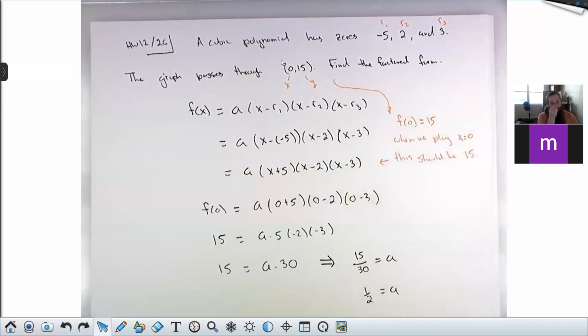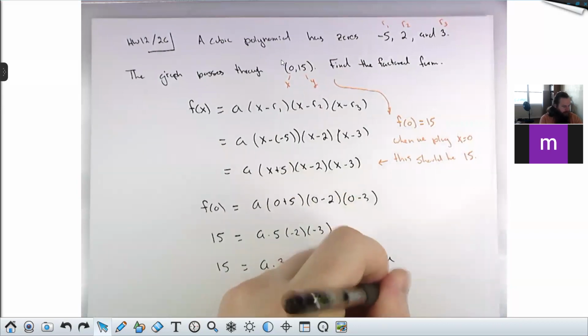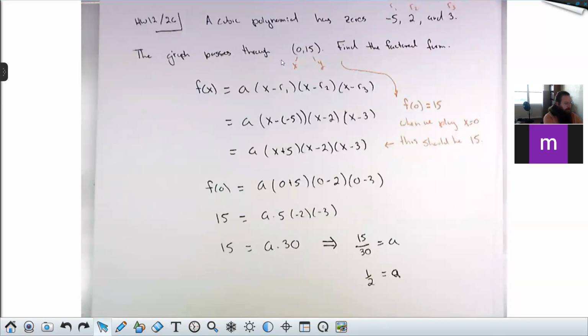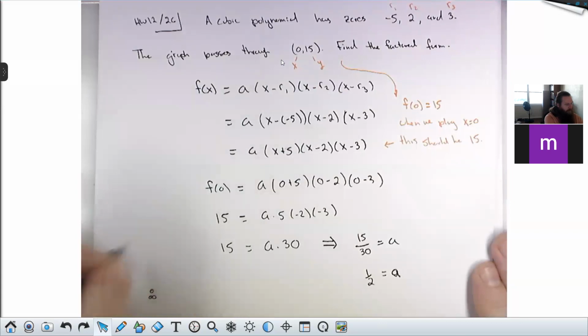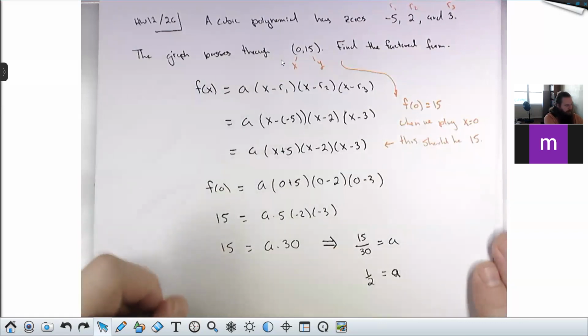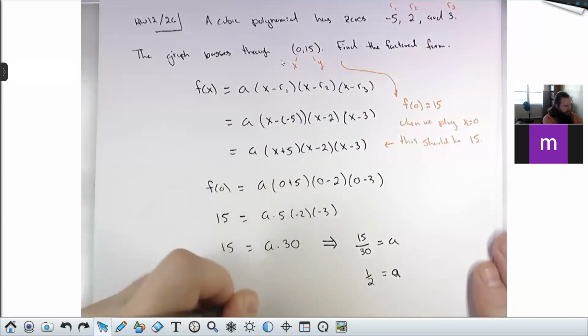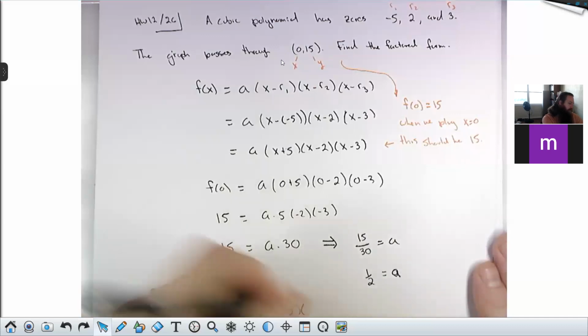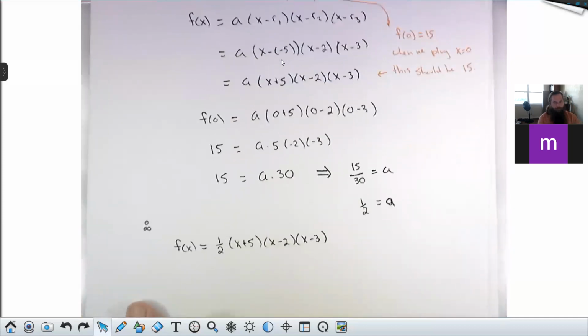So my lead coefficient a is 1/2. Therefore, I can plug it back in here. So the full factored form of f of x is 1/2 times (x plus 5) times (x minus 2) times (x minus 3). There we go.